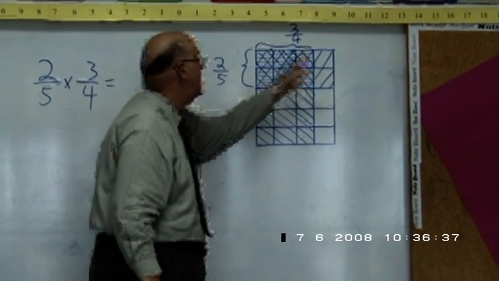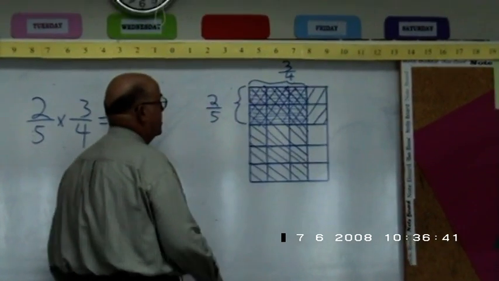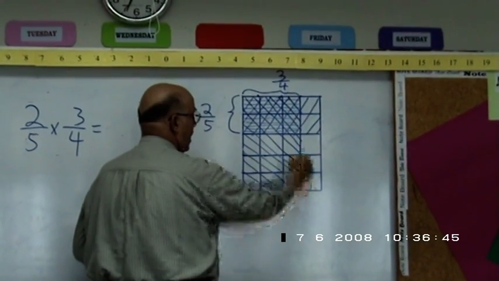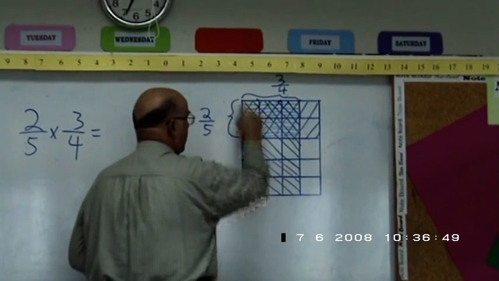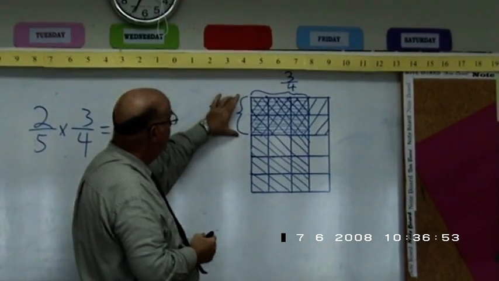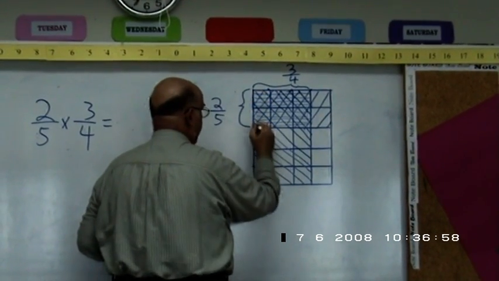So this is 2/5. And we have 3/4, 1, 2, 3 out of 4. When we multiply 2/5 times 3/4, we get this area right here.